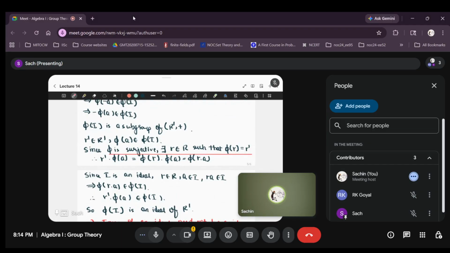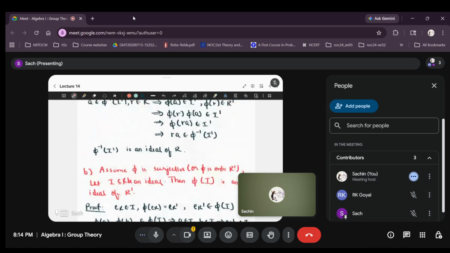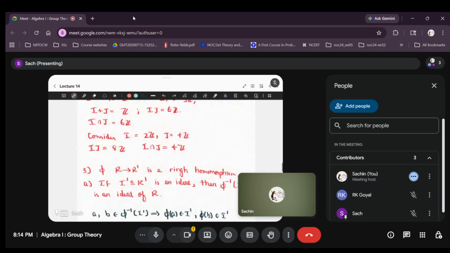Only then can we proceed and show that r prime times phi of a belongs to phi of I. But in the other case, where we are taking the pre-image of an ideal of R prime, phi does not need to be surjective. The pre-image of any ideal is an ideal, but the image of an ideal is an ideal only if the homomorphism is surjective.